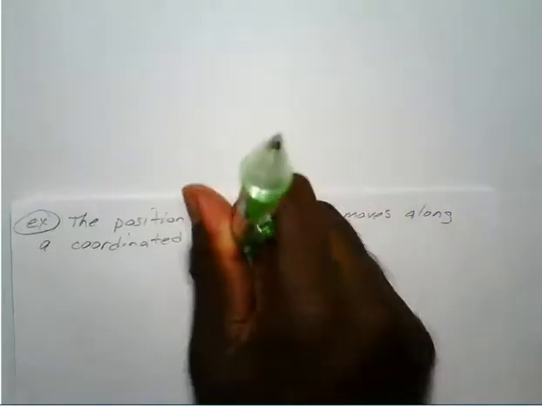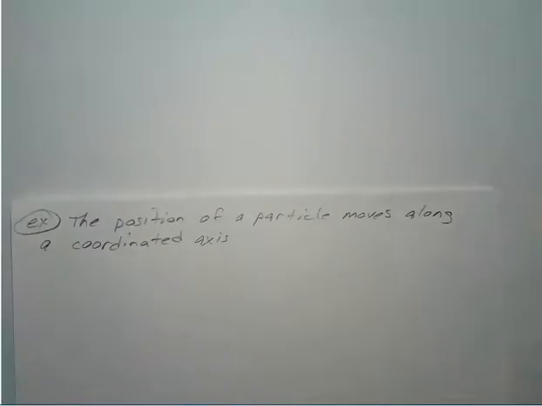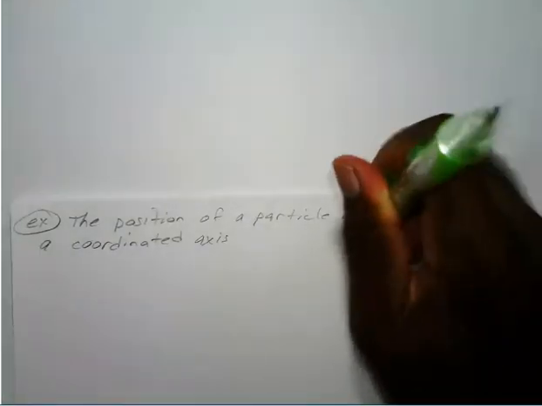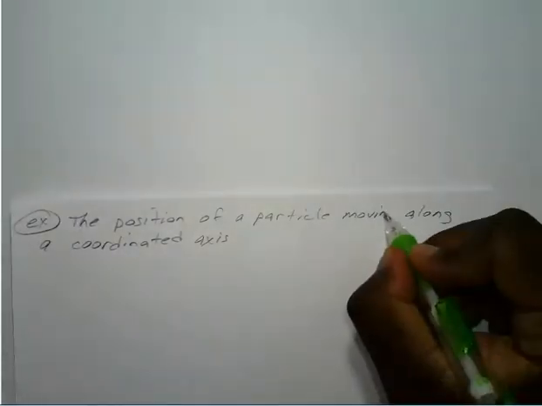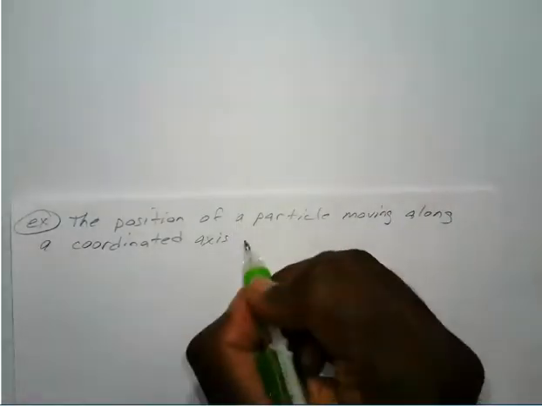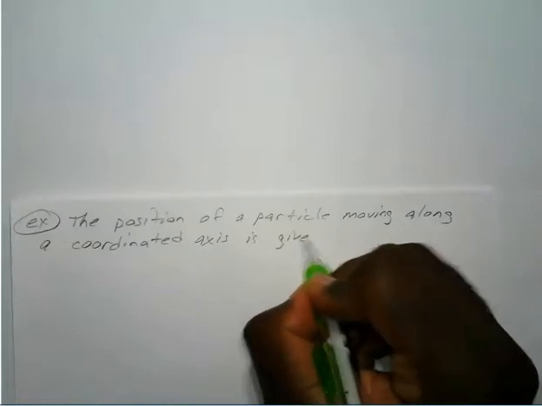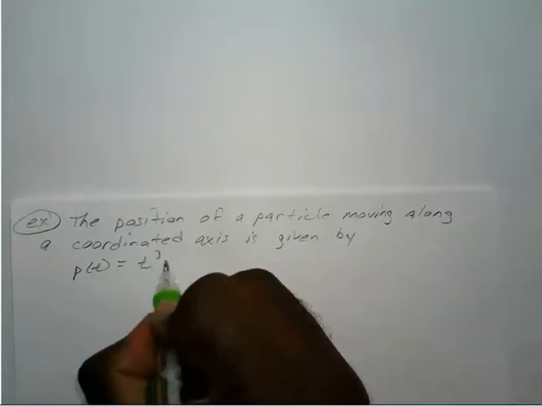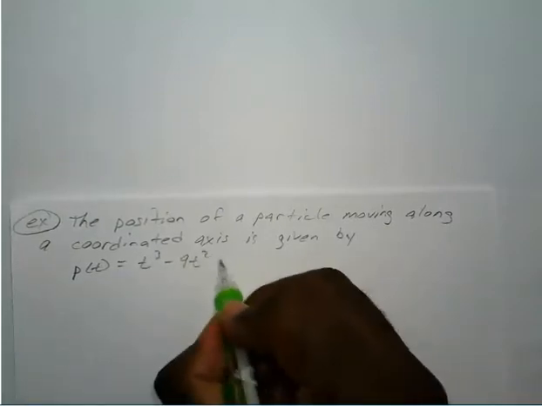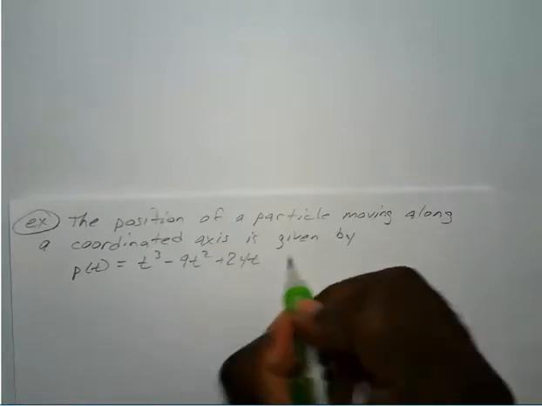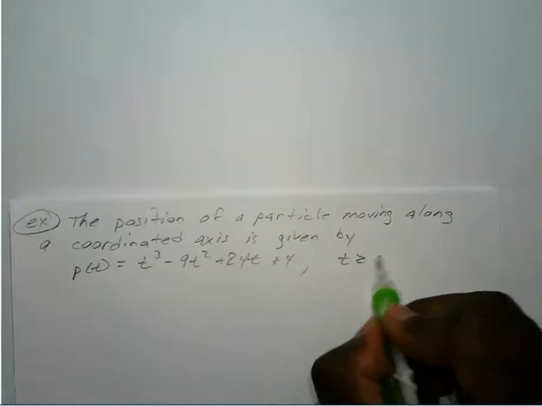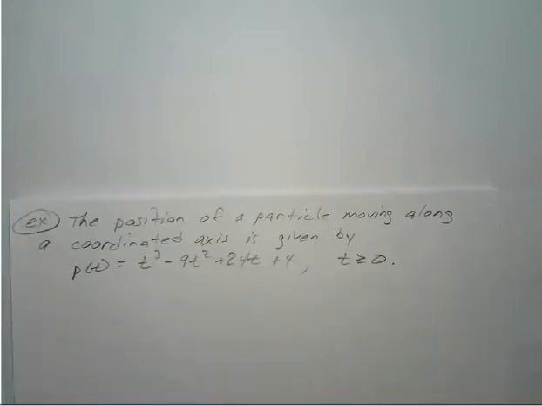Let's say, I'm trying to think of the best way to word this one. That should probably be moving. Okay, that's where I messed up. Moving along a coordinated axis is given by P of t is equal to t to the third minus 9t squared plus 24t plus 4, assuming that t is greater than or equal to 0.